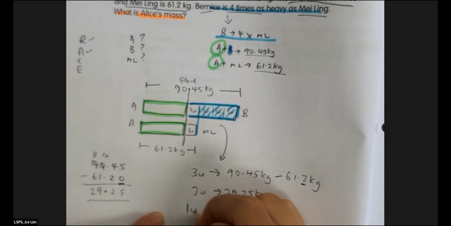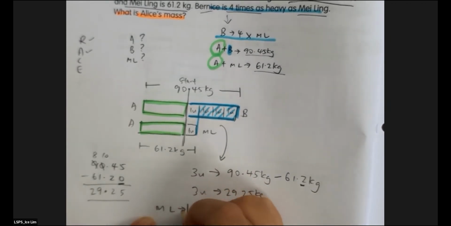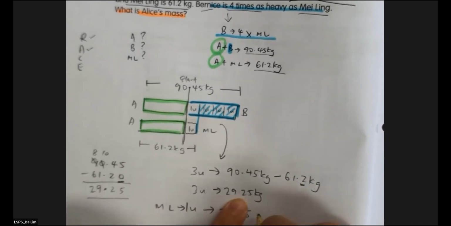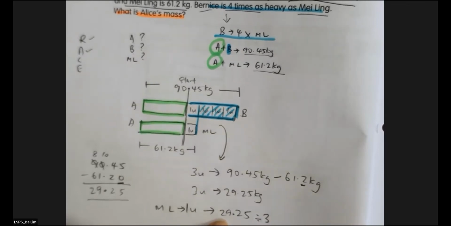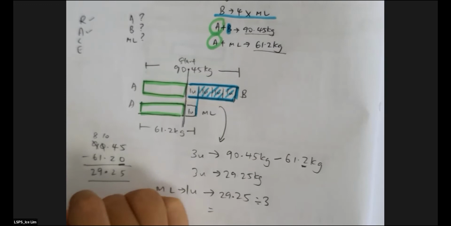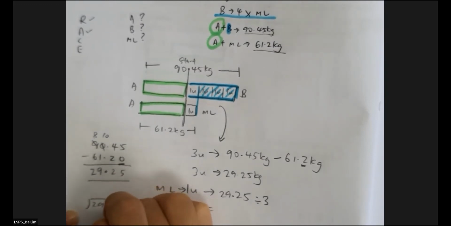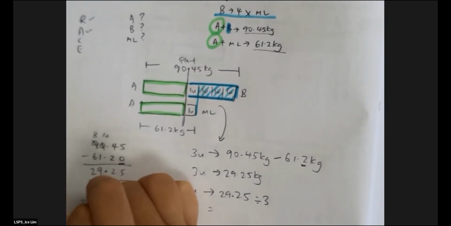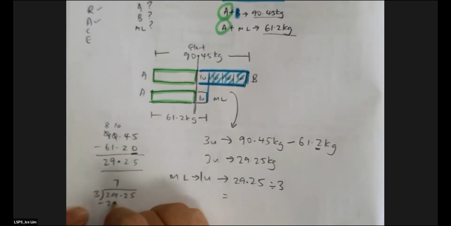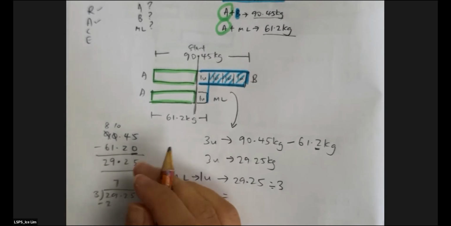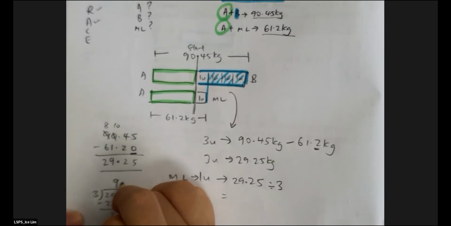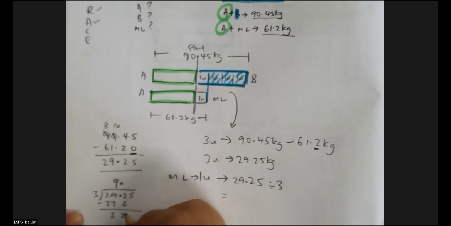I find 1 unit, and then 1 unit is who? Mei Ling. So I use the 3 units divided by 3 to get 1 unit that's Mei Ling. Don't forget the decimal point.